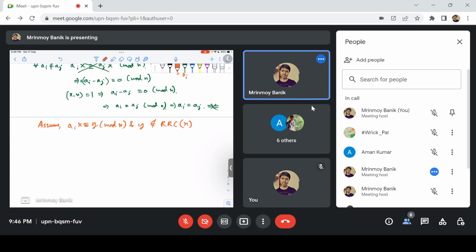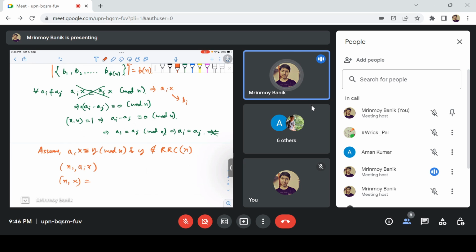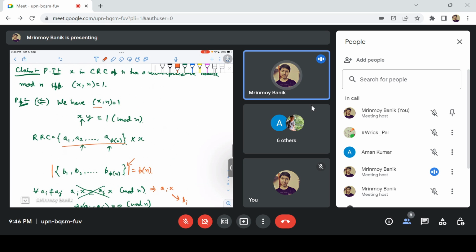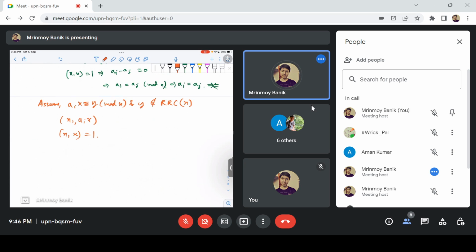Okay, so let's check the GCD of n and a_i x. We know the GCD of n and x is 1, we assume that. And what is the GCD of n and a_i?